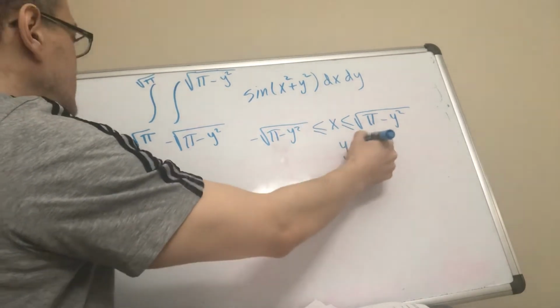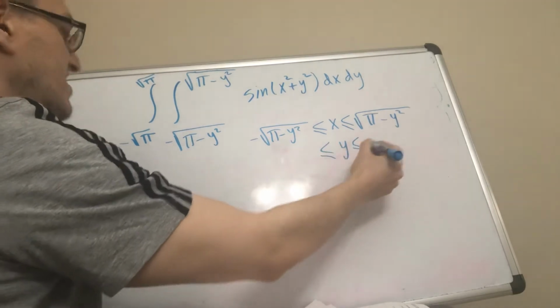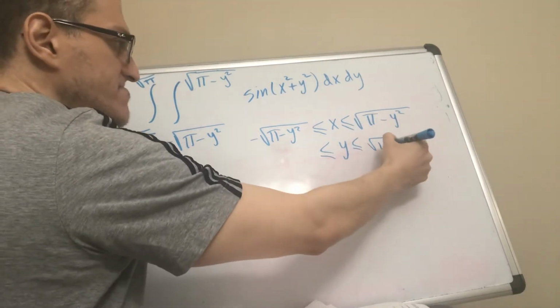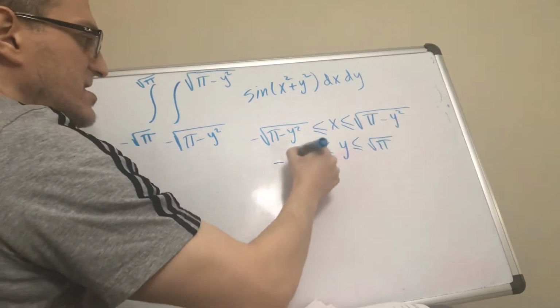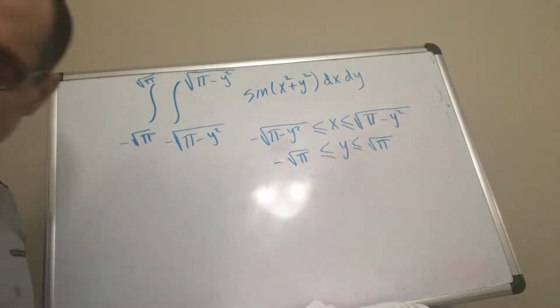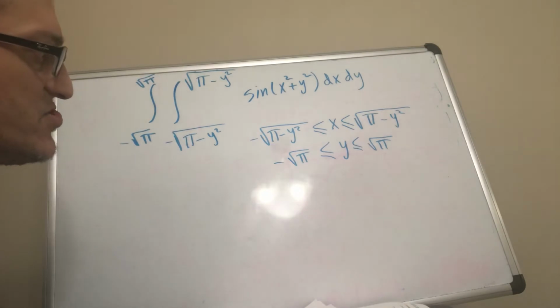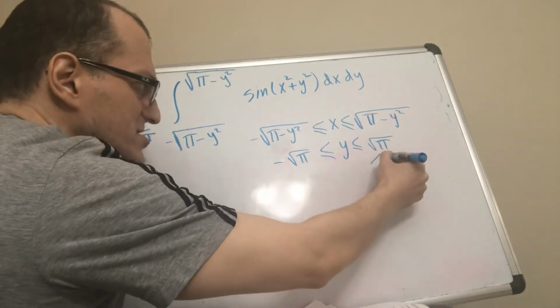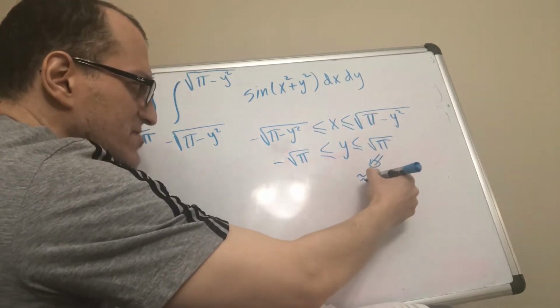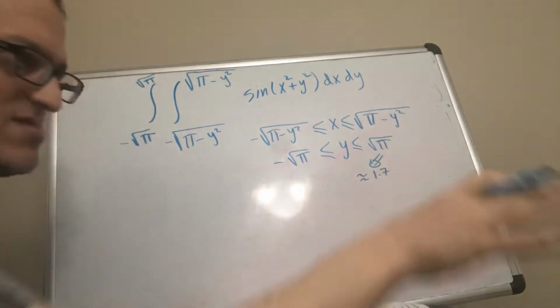And the y limits are between root pi and minus root pi. Now, if you have a calculator, root pi, you don't need to know this, but it's roughly 1.7.